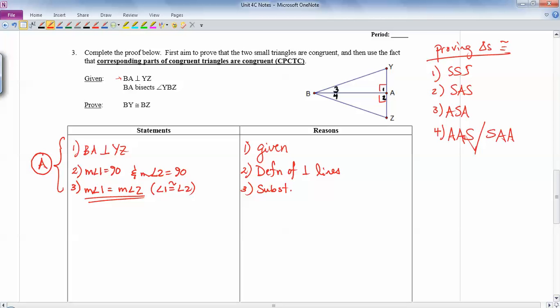Now, by the way, you could do these three steps in just 2. I'll make a little note over here. Or just use this step. You could go straight to angle 1 is congruent to angle 2 because we've learned that if you have perpendicular lines, then they form congruent adjacent angles, back in Unit 2.